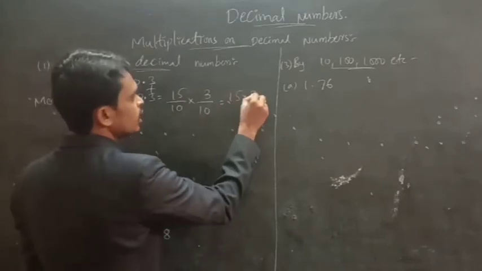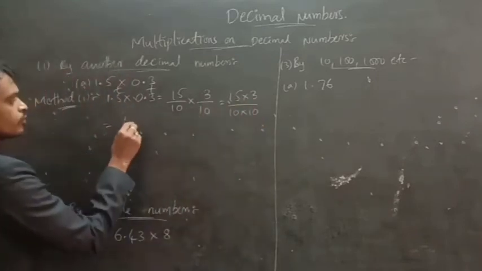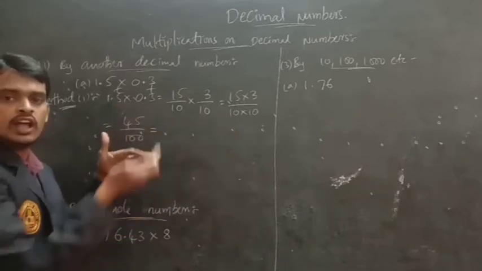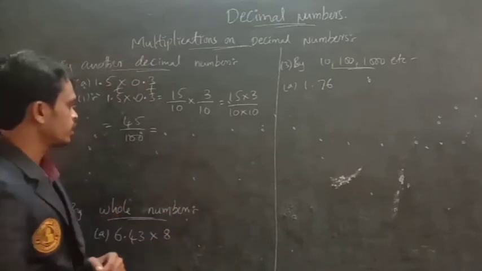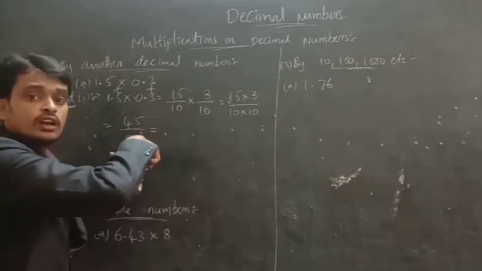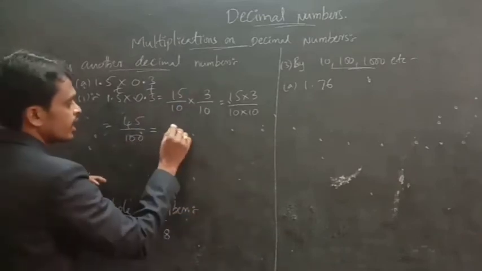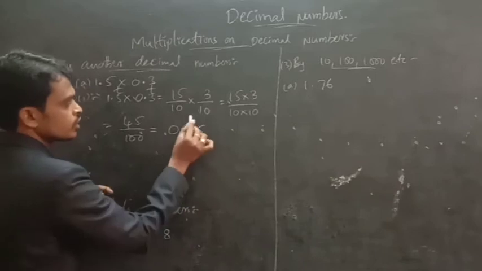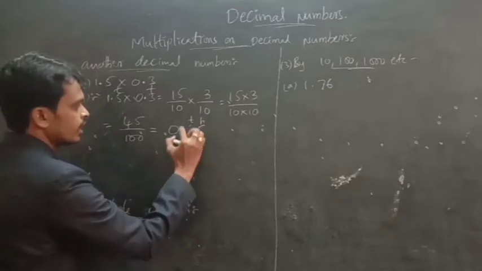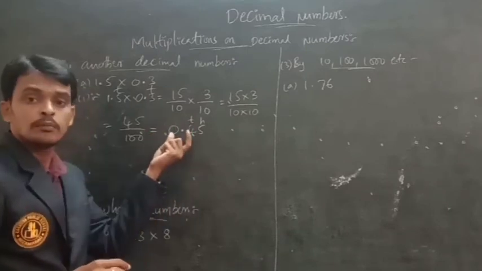So 15 into 3 by 10 into 10, 15 threes are 45, by 10 tens are 100. This fraction we again convert into a decimal number. For 100ths, we place the decimal point after 2 places from right to left, so the answer is 0.45. This is the tenths and this is the hundredths place.